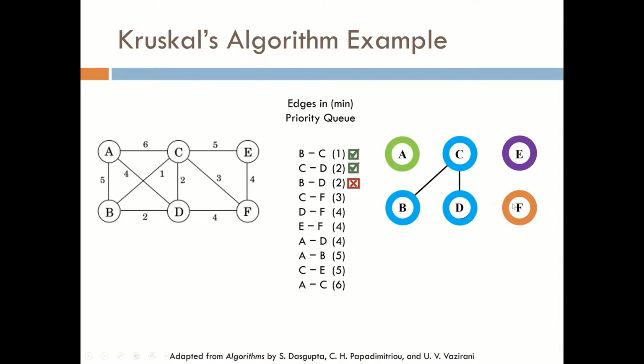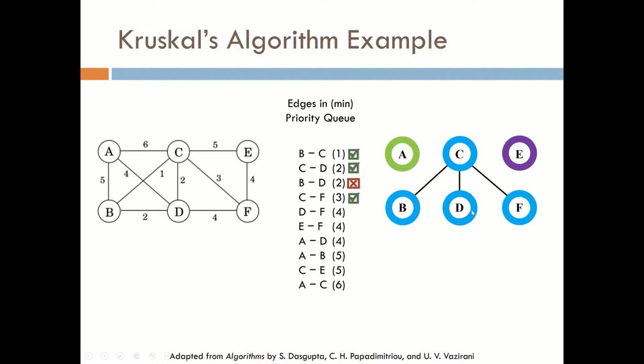CF is this edge here. It's going to vertices that are in different sets, so we will accept that edge. That means we will put it in our minimum spanning tree, and we union the sets to now include F. We now have 3 sets, one that has 4 vertices and 2 that each have a single vertex. The DF edge is next.